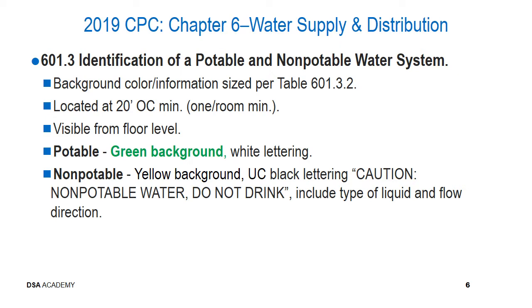implementing recently. So the background color and information has got to be sized per the table in 601.3.2. This identification has got to be located at 20 feet on center minimum, and it's important to understand that every pipeline containing potable or non-potable water in a ceiling space or penetrating a room has got to be identified.